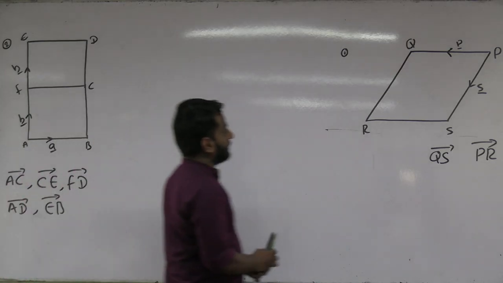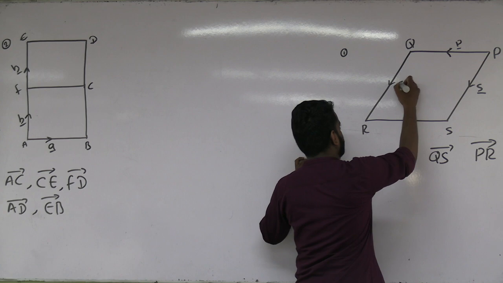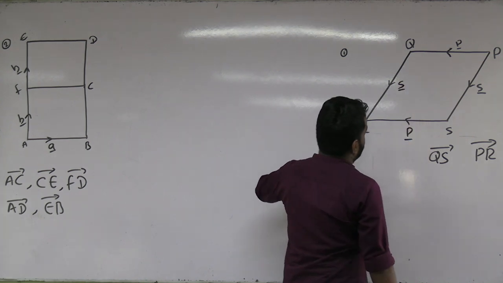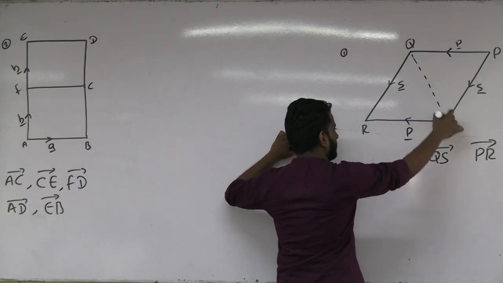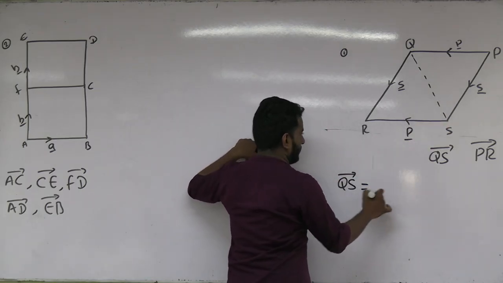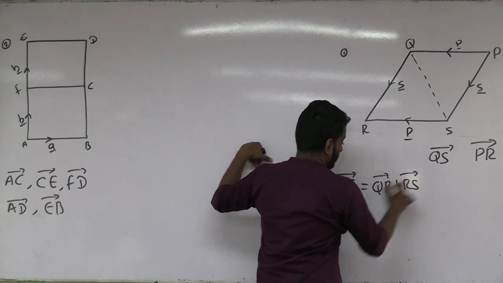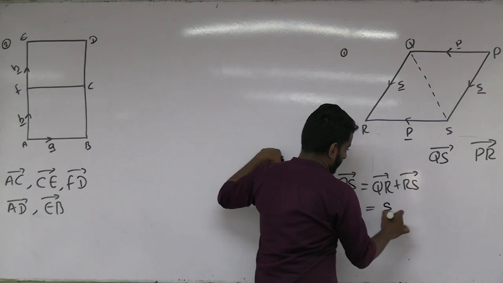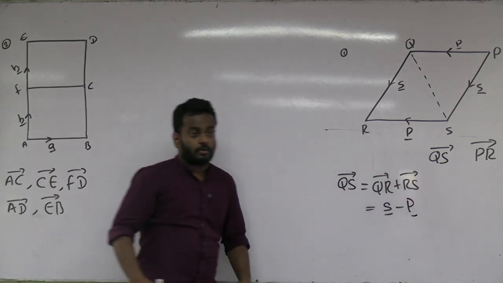So here we can write, this vector must be P and this vector is S. Initially we are supposed to find QS. So I write QS is equal to QR plus RS. So QR is simple S and RS is minus P. So just check whether your answer is correct.